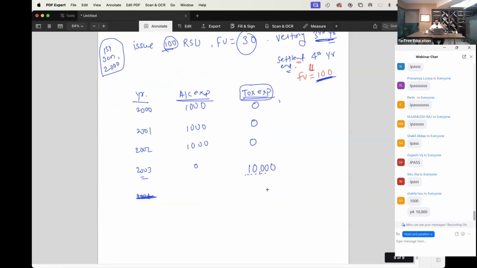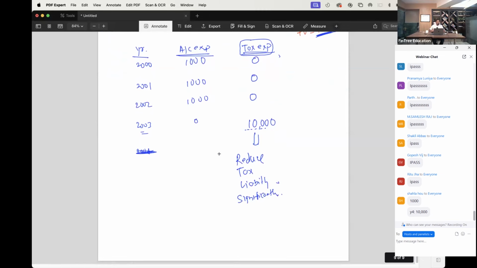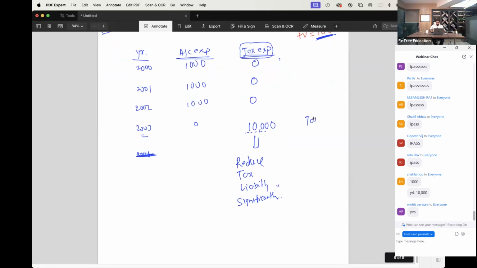Now suddenly you got a much larger expenditure in the taxation book. Therefore, in year 4, you will reduce your tax liability significantly. Do you agree with this? You have to pay a much smaller amount of taxes in year 4. Let's assume the tax rate is 30%.